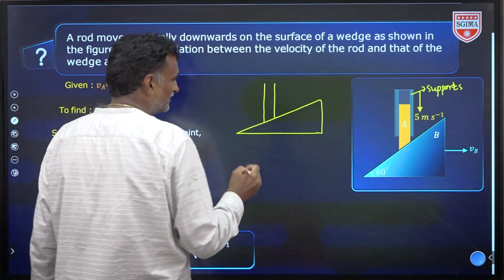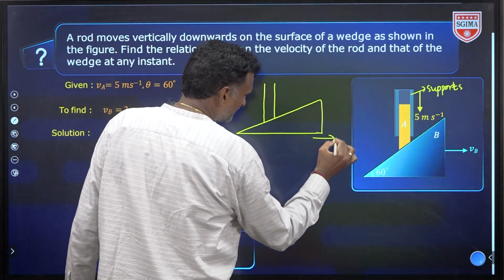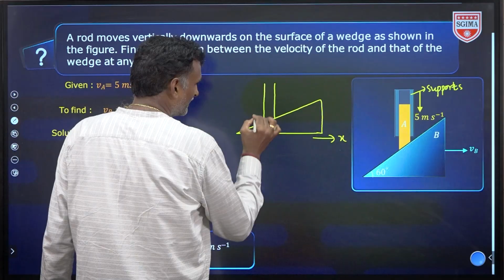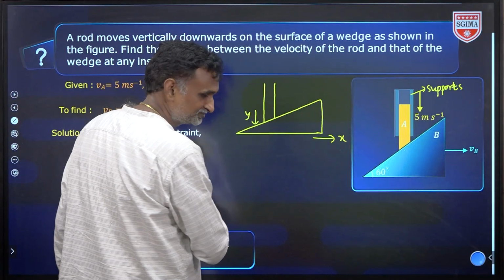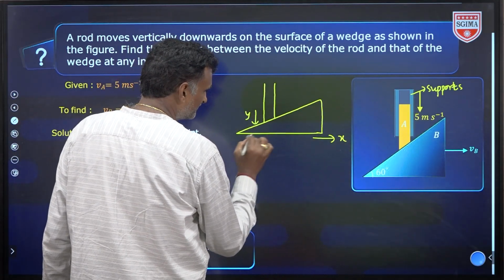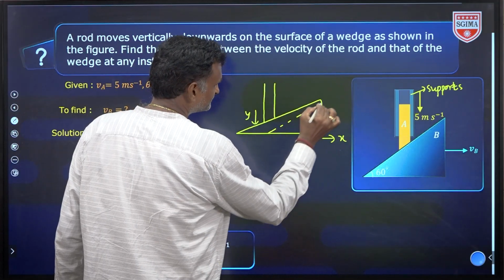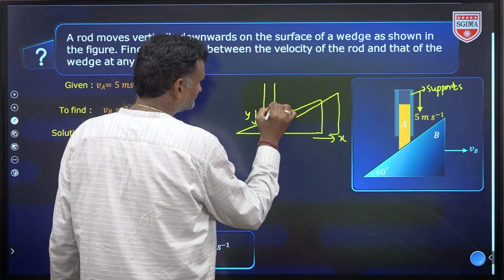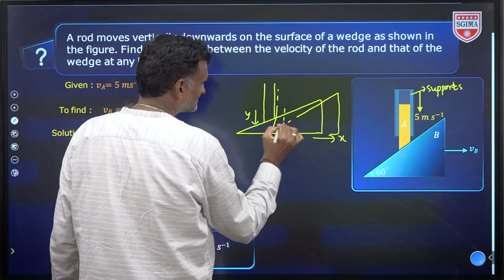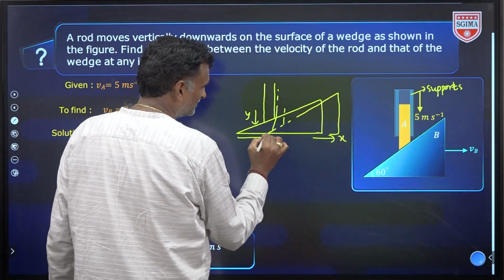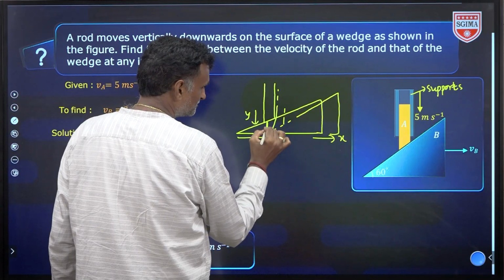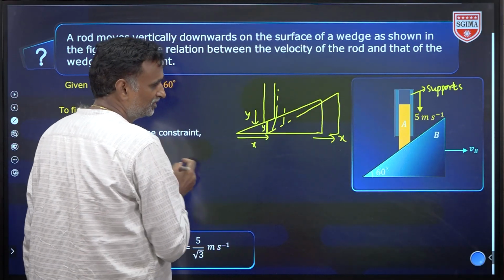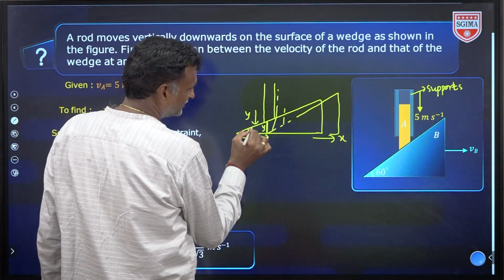Okay. So for an instant, this is going with a displacement x and it falls a displacement y. So let me take for an instant like this, and it has already fallen down like this. So I can take this is x and this is y. So now it is angle theta.